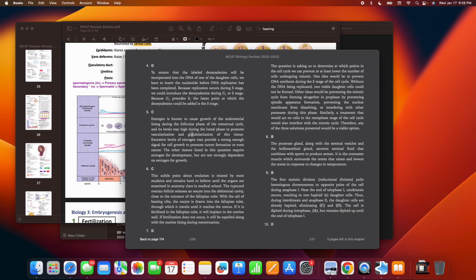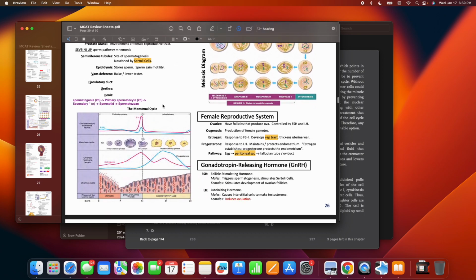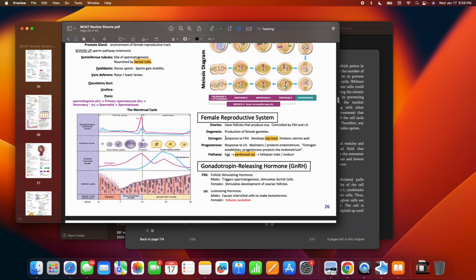Where does this estrogen come from, right? This estrogen is a response to FSH. So you have a moderately high level of FSH, which causes an increase in estrogen.